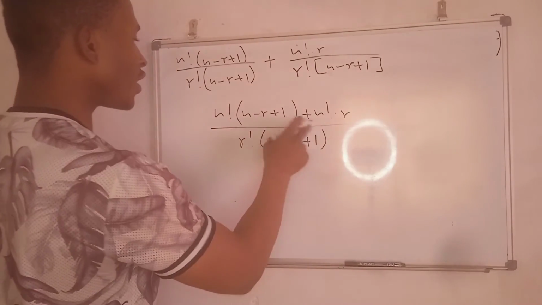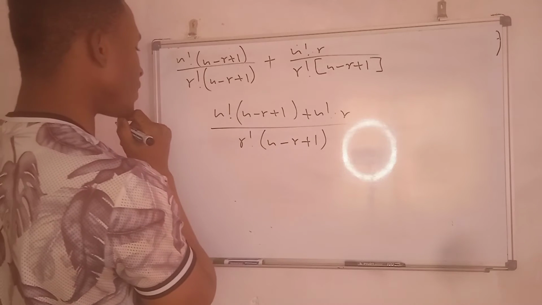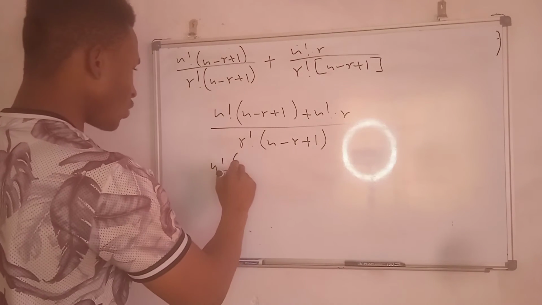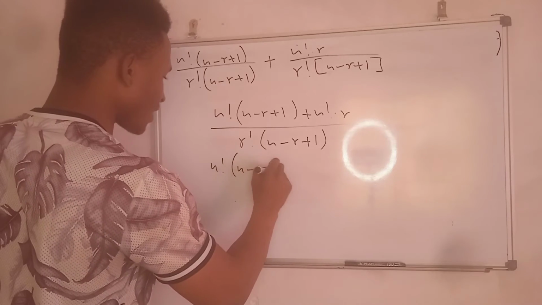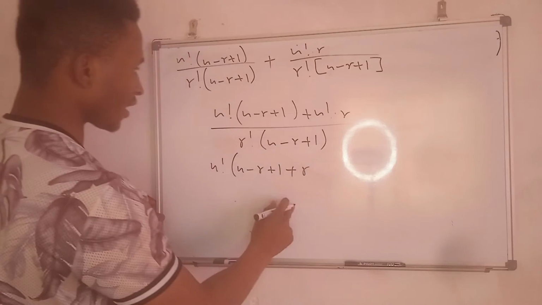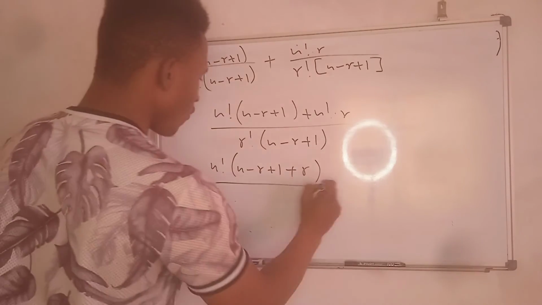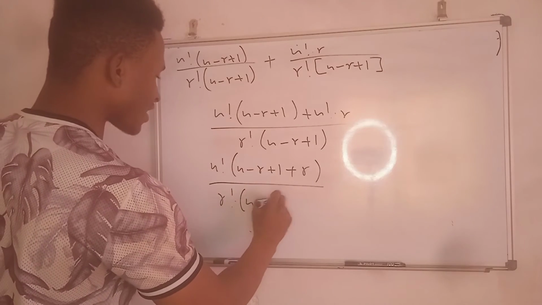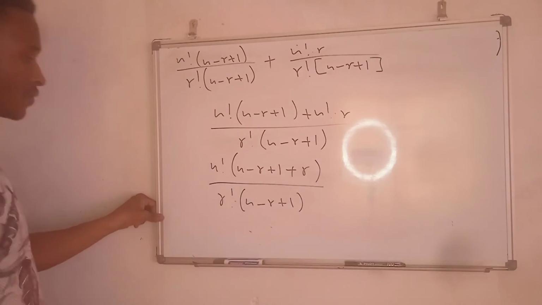So if you check here, we have a common denominator, which is n factorial. So this will be n minus r plus 1. Also with this r, I'm adding this r here, all over r factorial times n minus r plus 1 factorial.